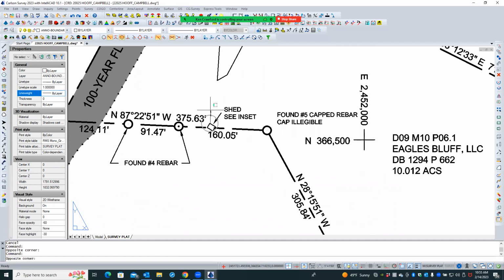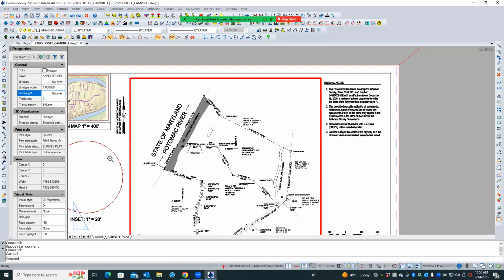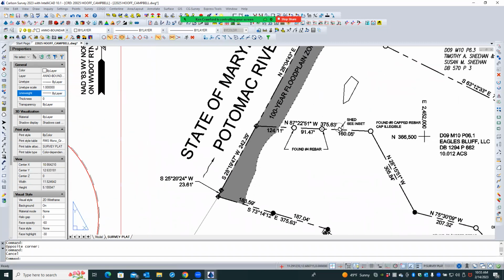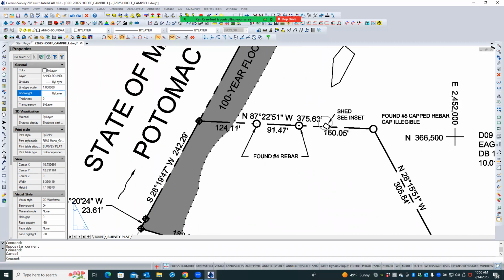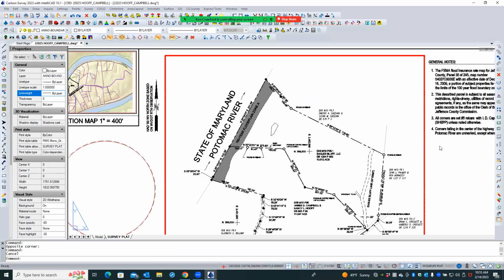Okay. And that's going to be that over there. Alrighty. I think that's drawn in paper space, isn't it?